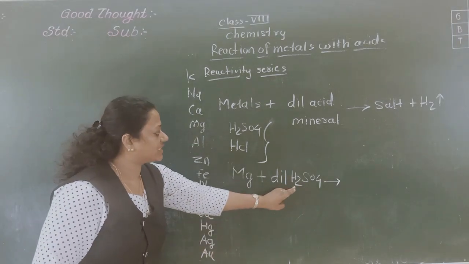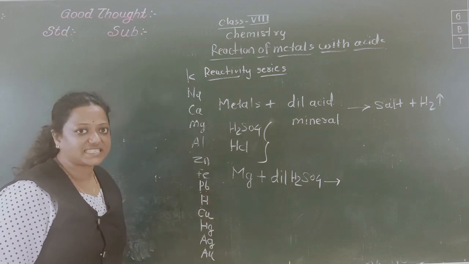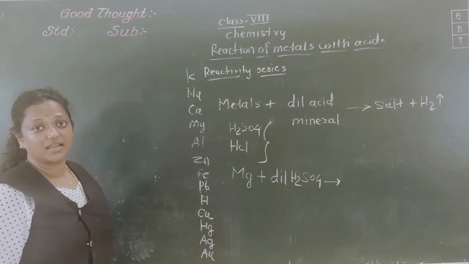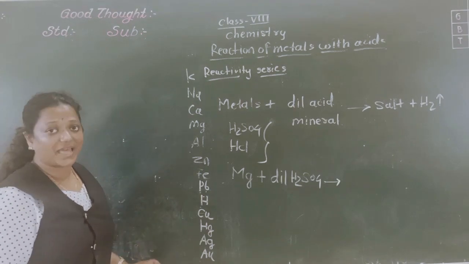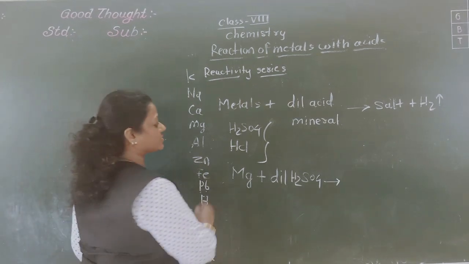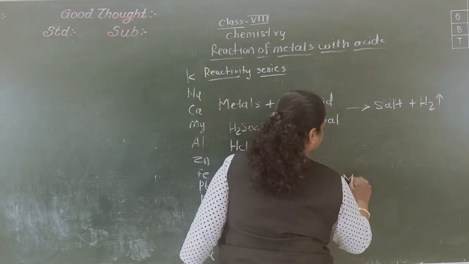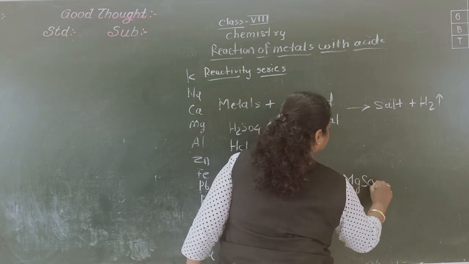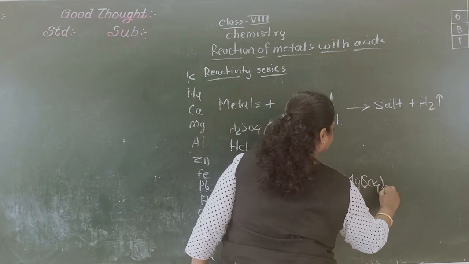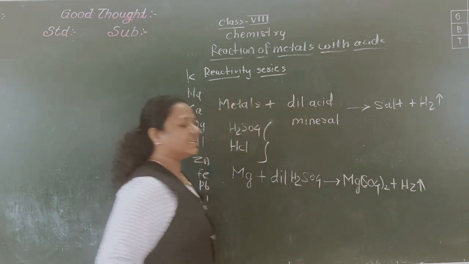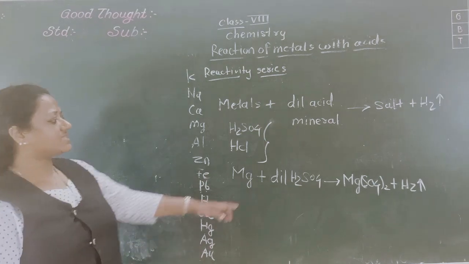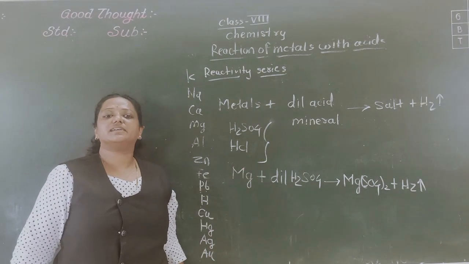Hydrogen can be replaced by Mg easily because it is above hydrogen. So what will form? MgSO4 plus H2 gas will be released.